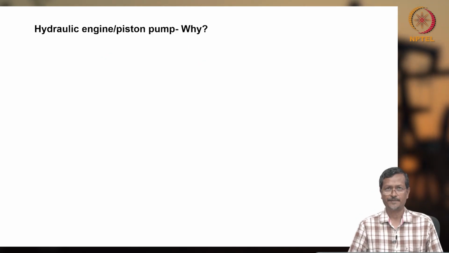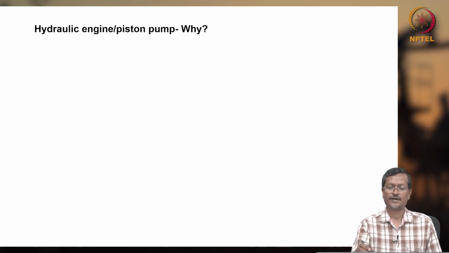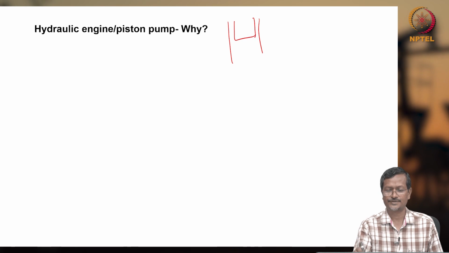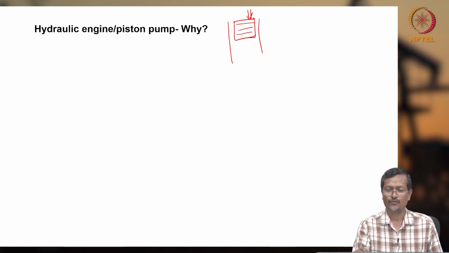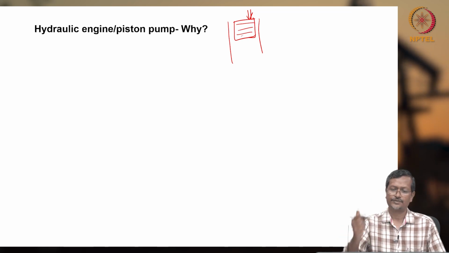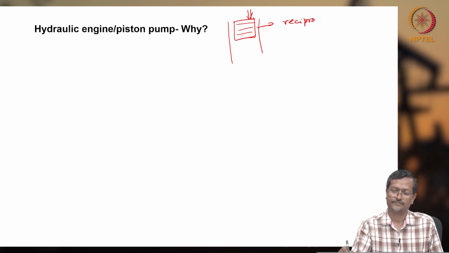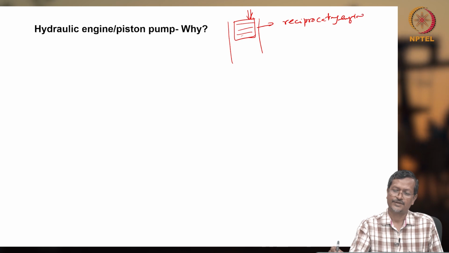Hydraulic engine or piston pump, this is actually related to the sucker rod pump. The system is designed such that you pump high pressure fluid to run a reciprocating engine, like a steam engine.